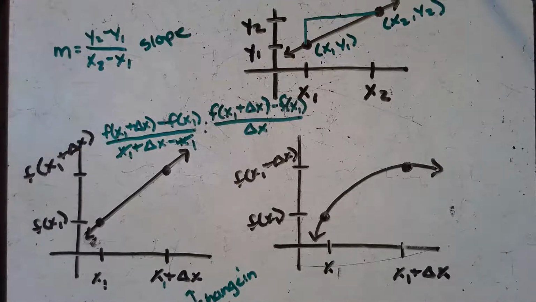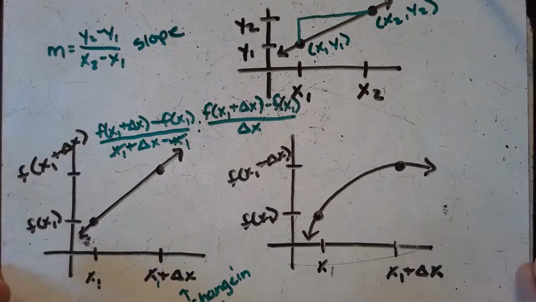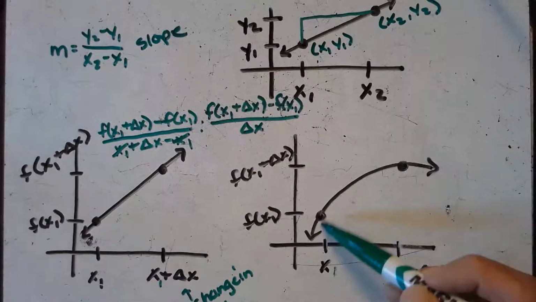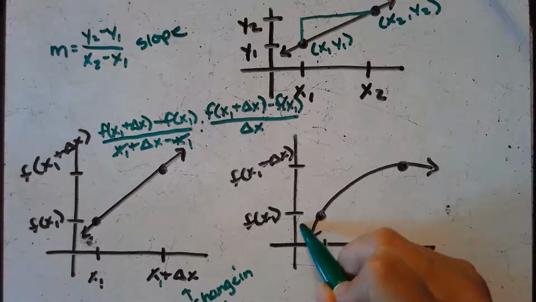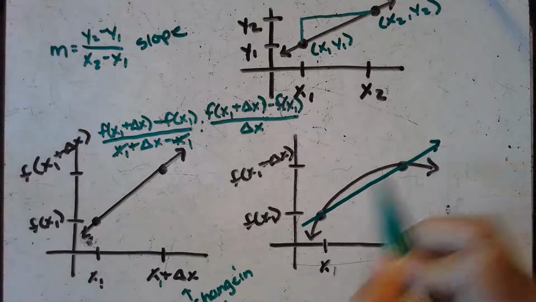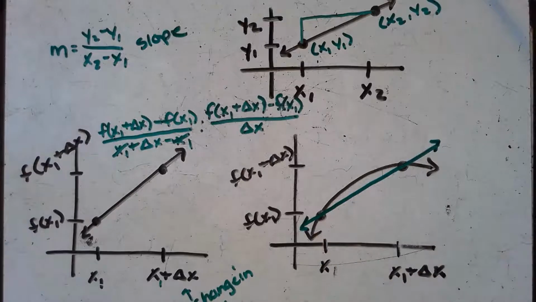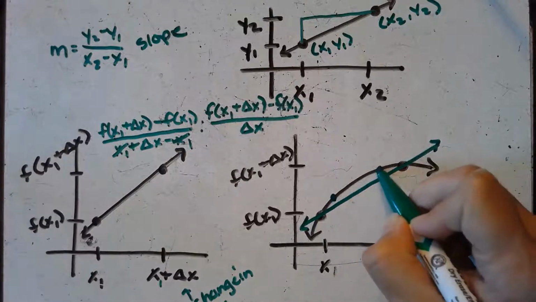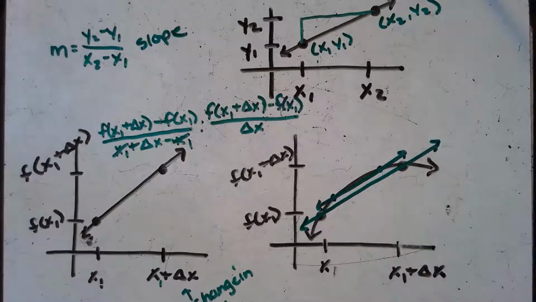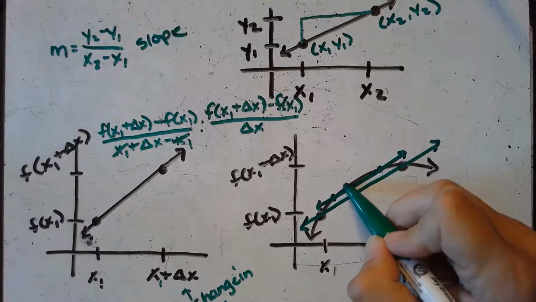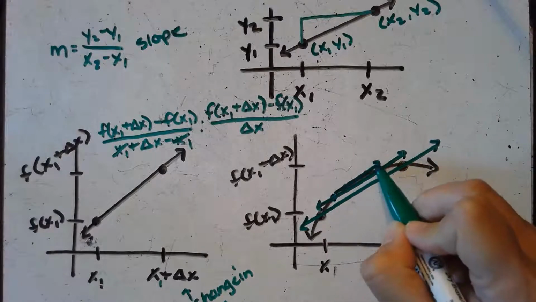Now, the problem is not all the time are our lines going to be straight. So here I have a curve right here. If I would draw in this line, okay, I could get the slope of that secant line at that point. But let's think about this. What if I were to change my delta x and I make it smaller? Okay, and I make it smaller here.